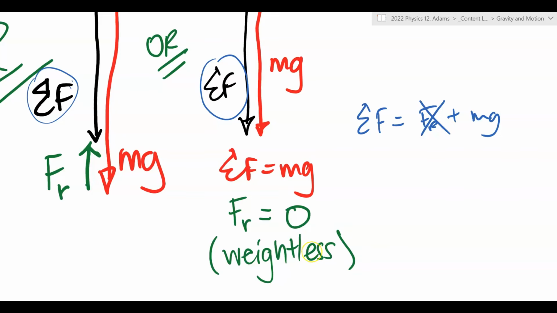And like I said, the people that are in orbit around the Earth in the space station, they're not actually weightless. It's just that their weight of gravity is supplying the centripetal force at that time. So there's no reaction force between them and the floor of the space station or the wall or wherever. They can just float. They're falling at the same rate as the space station.